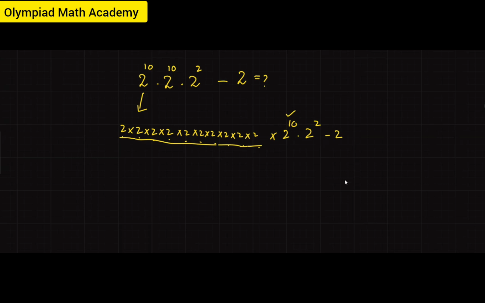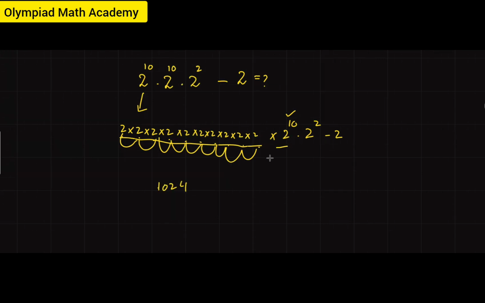So let me calculate it. 2 times 2 is 4, times 2 is 8, times 2 is 16, 16 times 2 is 32, 32 times 2 is 64, 64 times 2 is 128, 128 times 2 is 256, and 256 times 2 is 512, and 512 times 2 is 1024. So we got the answer 1024 from this part only, right?